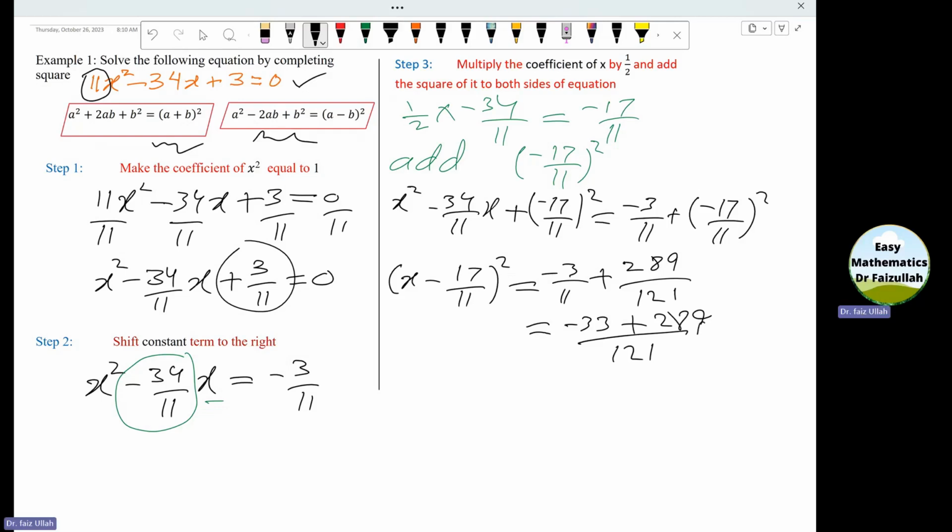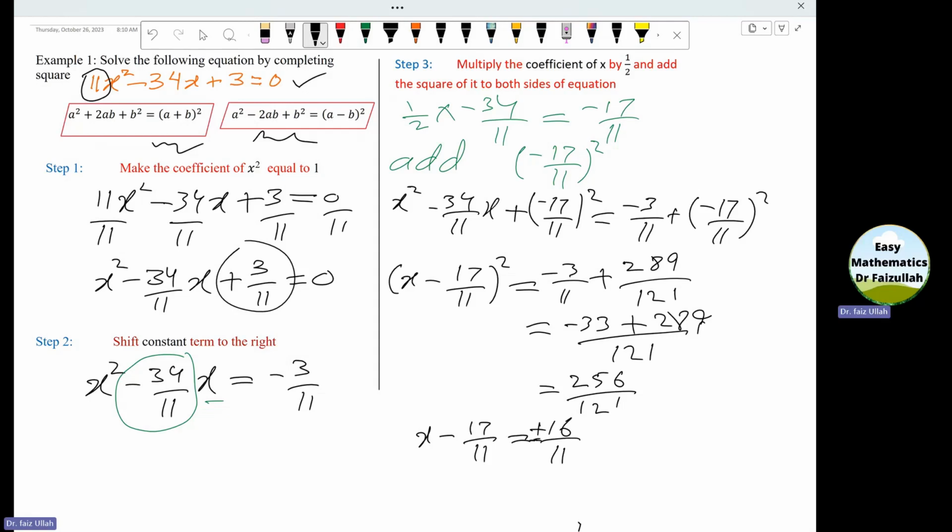And from this we can write that this is equal to 256 divided by 121. And now let us take the square root on both sides. So if we take the square root, we have x minus 17 divided by 11 is equal to 16 divided by 11, but here we have to write plus minus.